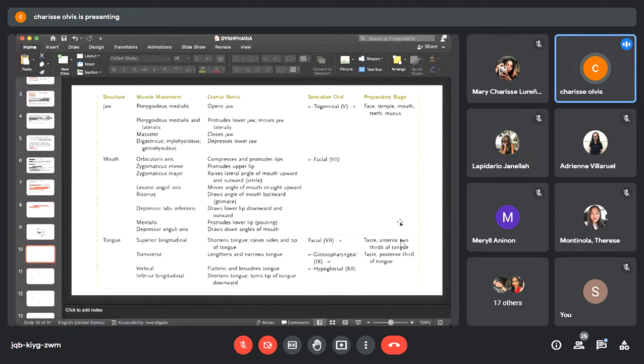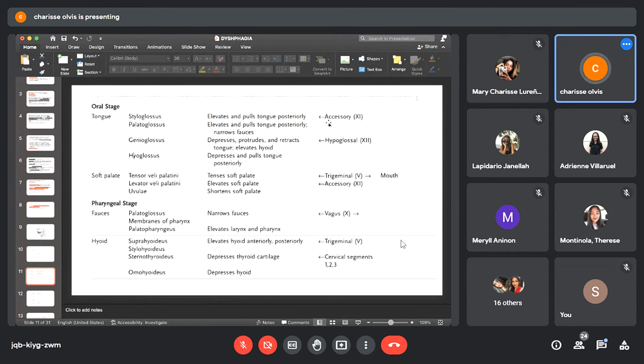facial structures or oral muscles innervated by your facial nerve, cranial number 7. Your jaw, it's more on the cranial nerve number 5. For the tongue, 7, 9, and 12.